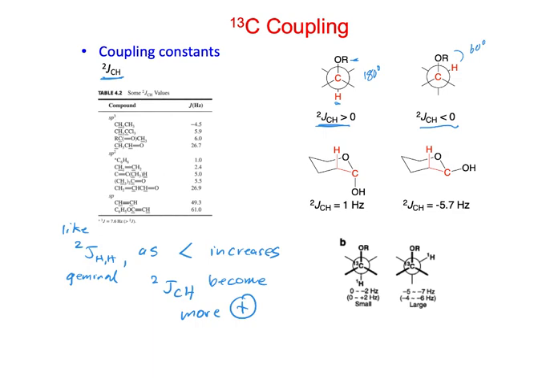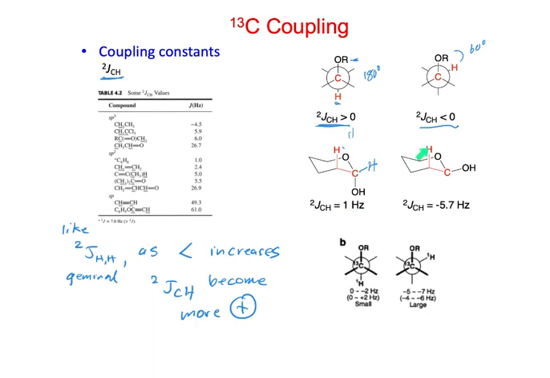So one example here, again, is for a sugar. We looked at the one bond couplings from this hydrogen here, but the two bond couplings also vary. So if here's the one where this proton is 180 degrees away from this OH, then this two bond coupling is greater than 0, so it's 1 hertz.